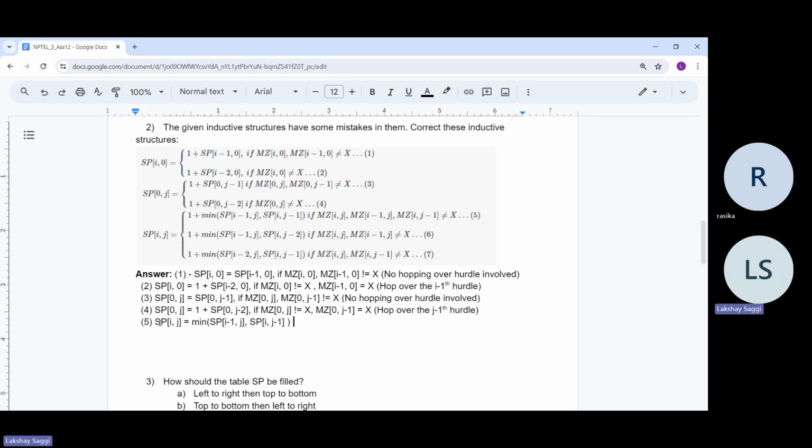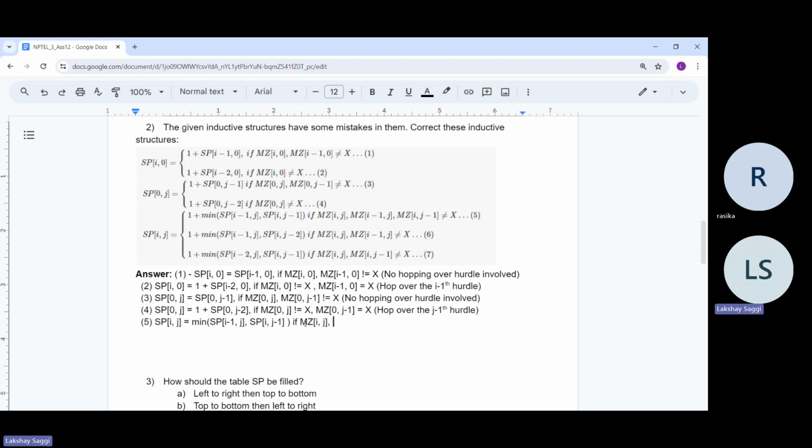And this will be if both these cells, i minus 1 comma j and i comma j minus 1, do not have a cross. Because if they had a cross, then we know that we can't go from these cells, we'll need one hop. Right now we don't need one hop because these cells don't have a cross. So what this means is the minimum of SP i minus 1 comma j and SP i comma j minus 1, and this is when, obviously, i comma j should not have a cross.